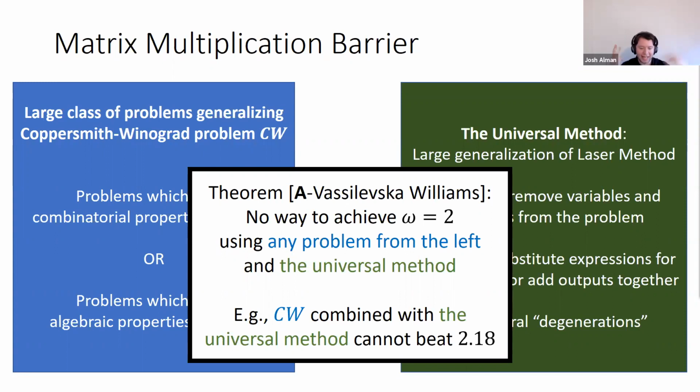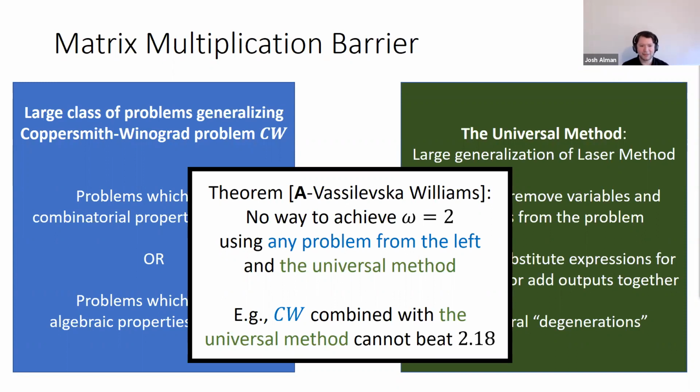So if you start with any problem that shares any of these properties with the Coppersmith-Winograd problem that we've been using for the past 30 years, and combine it together with any method for reducing between problems, even the most general methods that we know in algebraic complexity theory, there's no way to achieve omega equals 2 like this.